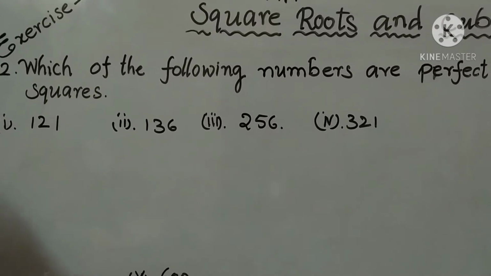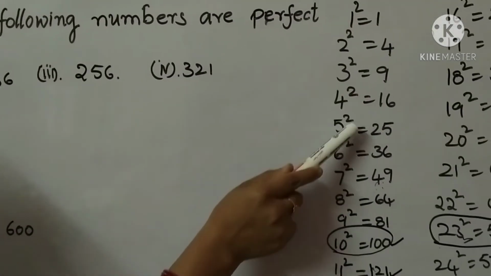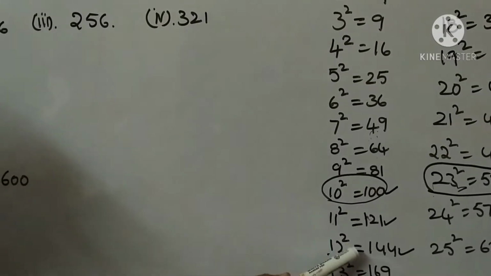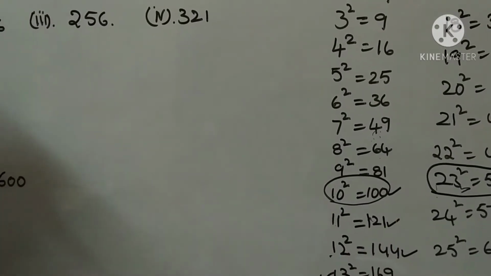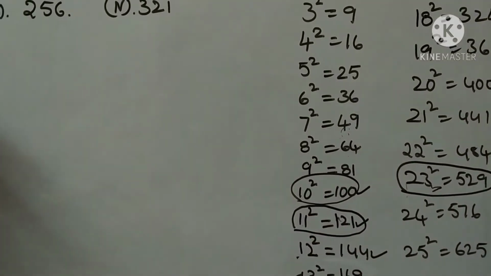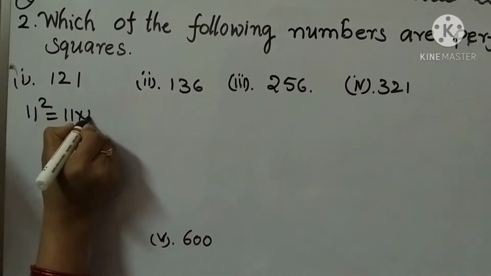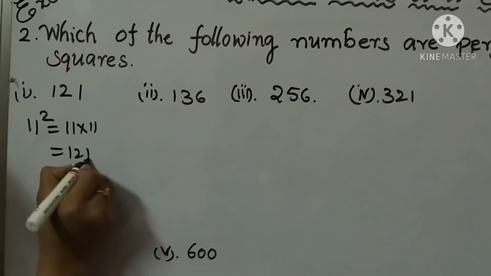Okay children, the first problem is 121. In the square numbers, here is 121. 11 square is equal to 11 into 11, and 11 elevens are 121.